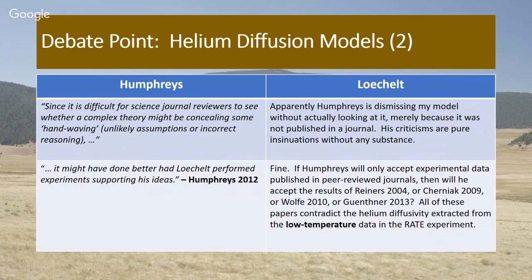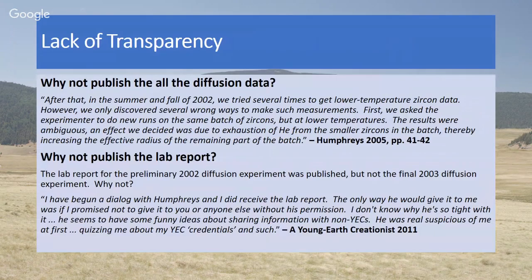So as we start looking more at their data, though, there are some more surprises. This is a quote from the RATE book. It says, after that, in the summer and the fall of 2002, we tried several times to get lower temperature zircon data. However, we only discovered several wrong ways to make such measurements.